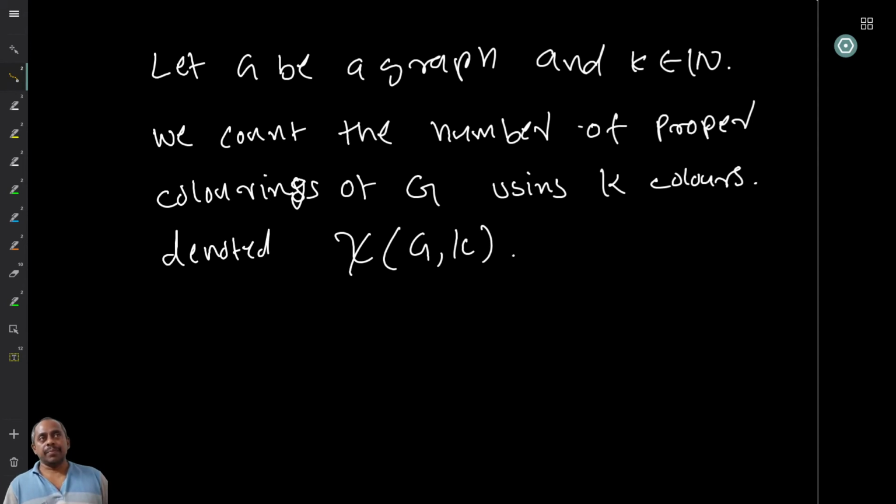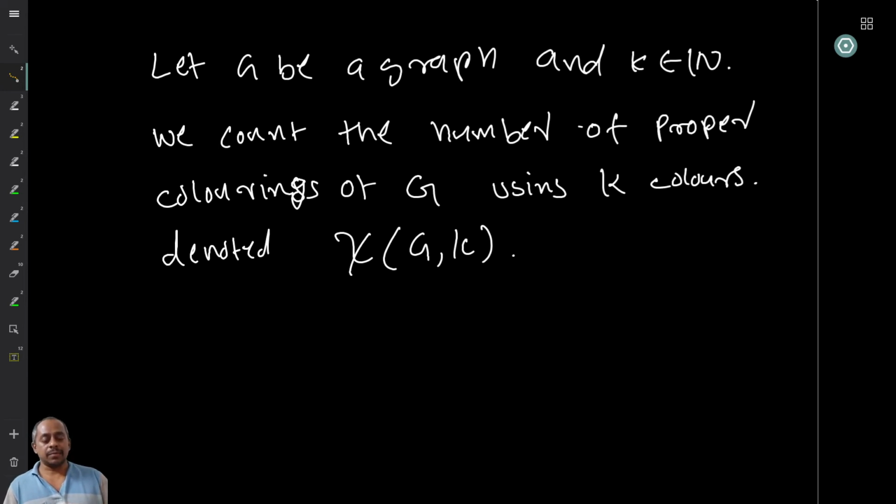So given a graph G and a number k, I can ask how many k-colorings, right? How many different colorings of the graph are possible using exactly k colors. Okay, so the number of k-colorings of the graph G, let's say this number is chi of G comma k.